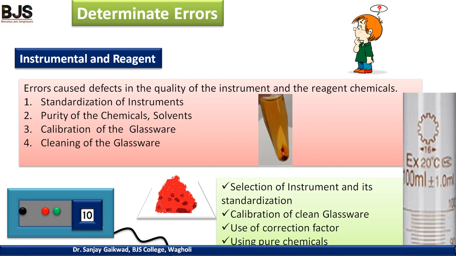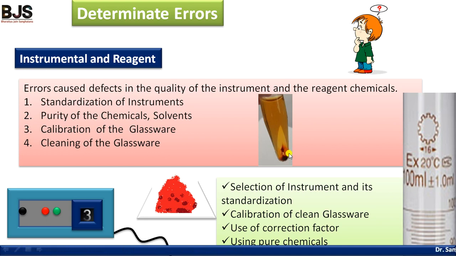In case of the instrumental error, if fluctuation in the instrument is continuously obtained, then the results are wrong. We are not taking a fixed result. Or even if the instrument is not standardized properly, then also these types of errors are there. In case of chemicals, suppose the chemical is not pure and some impurity is present, then the solution is not prepared in the perfect concentration.